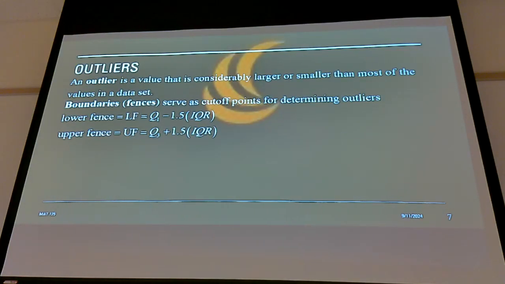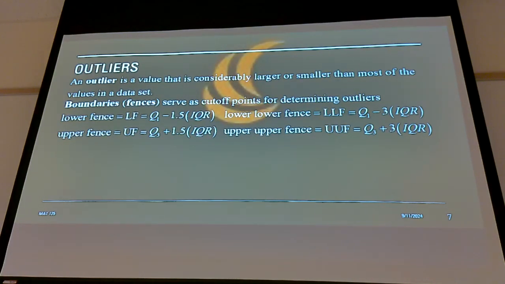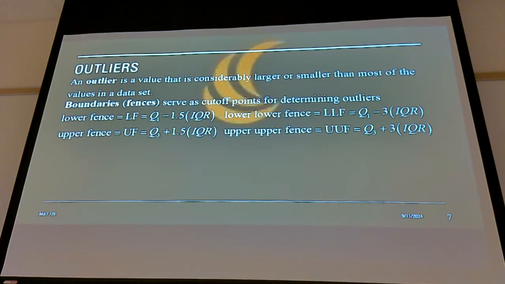At least that's how I learned it in grad school. She includes 2 other fences. Lower, lower, and upper, upper, which is the same thing except it's 3 times instead of 1.5 times. Anything that lies outside of that, she calls an extreme outlier.